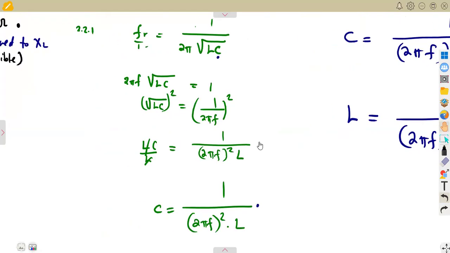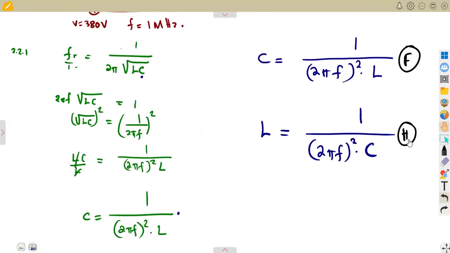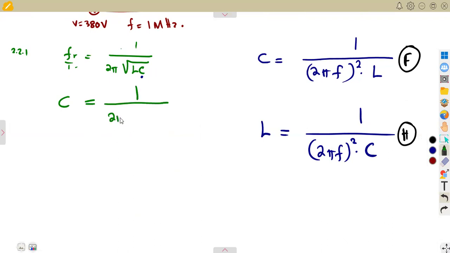So actually, we were not supposed to even waste much of our time manipulating this if you know this part, all right? So this is it, guys. If you know that your resonant frequency is equal to this, therefore, the capacitance at resonance, like I formulated, is going to be 1 over (2 pi f) squared times the inductance.